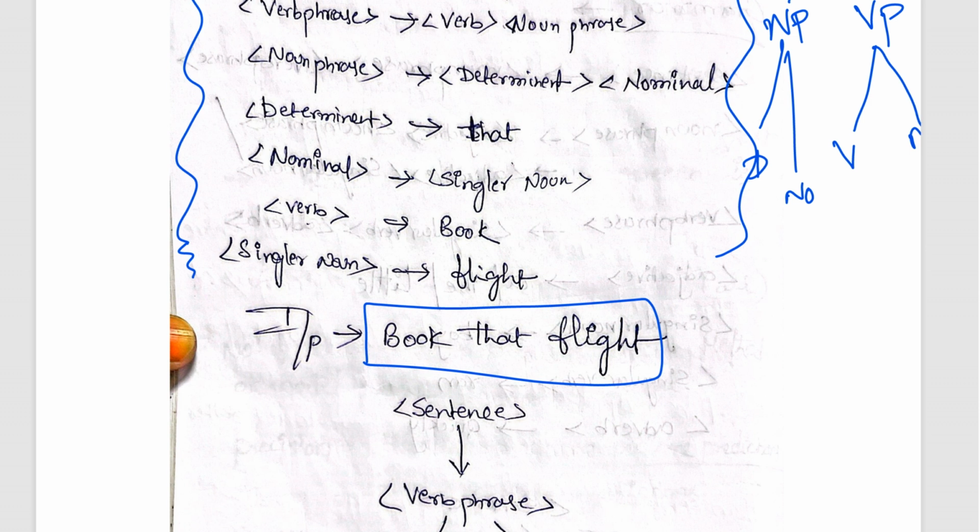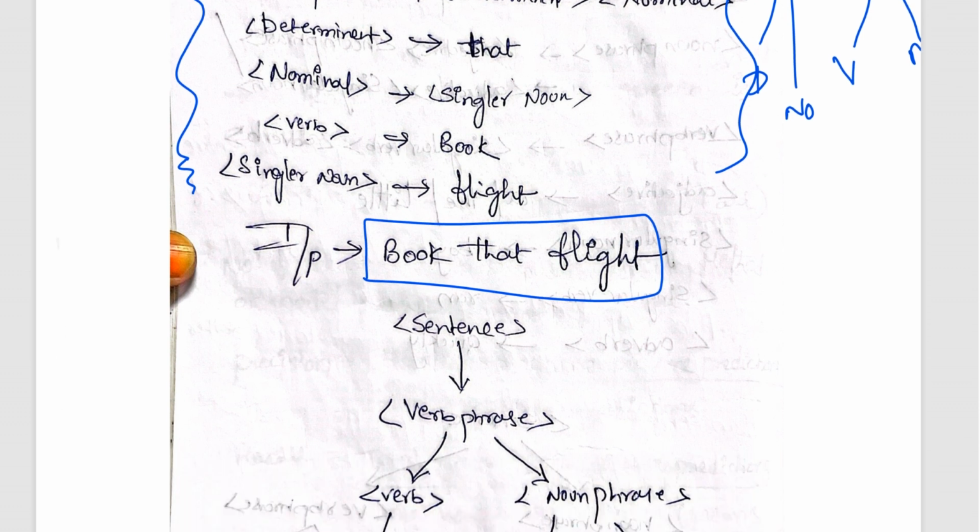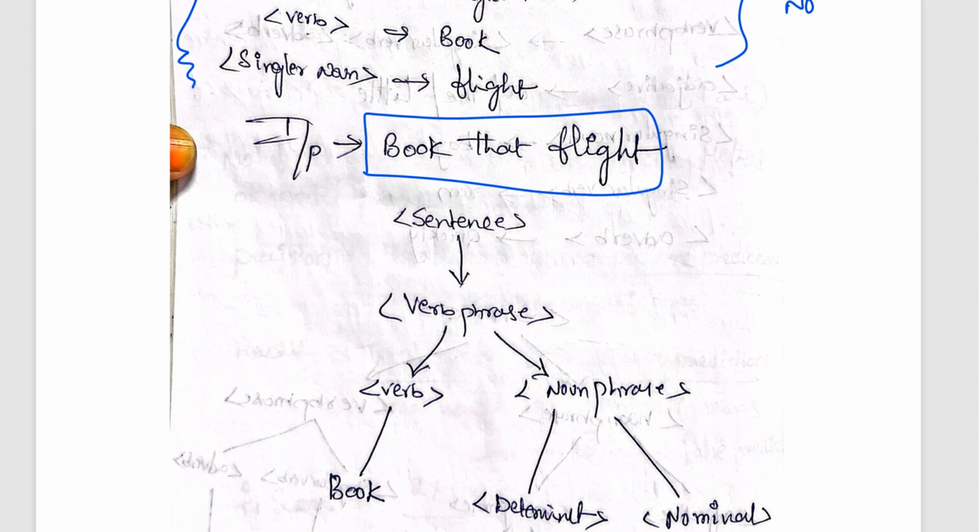So here, same thing you need to write down. Sentence is followed with verb phrase, and verb phrase is followed with verb and noun phrase. So verb is book. Book in the sense of booking, right? So this is a singular verb based on our input sentence. Then again verb phrase followed with noun phrase, right?